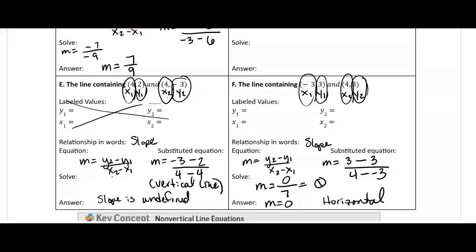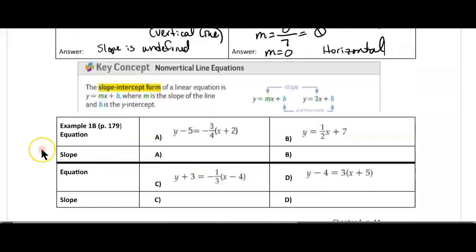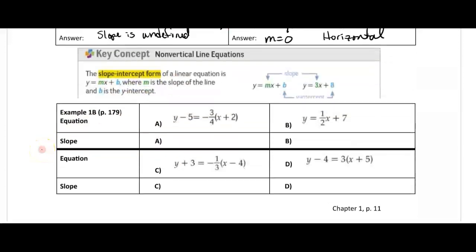Okay. All right. So when we have non-vertical lines, if we have the slope-intercept form of an equation, that's our y equals mx plus b form, the coefficient of x is our slope.